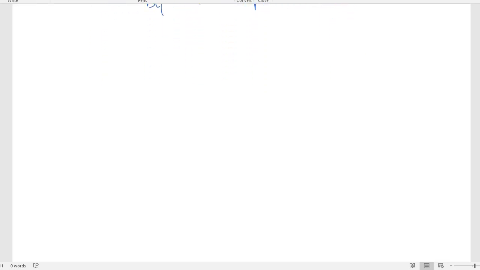All right, let's see. I want to pick something that's not a p series. So let's look at this series: the sum of 1 over 2 to the n minus 1, with n going from 1 to infinity. Our hunch in this case is that the leading term in the numerator is 1, and the leading term in the denominator is 2 to the n.